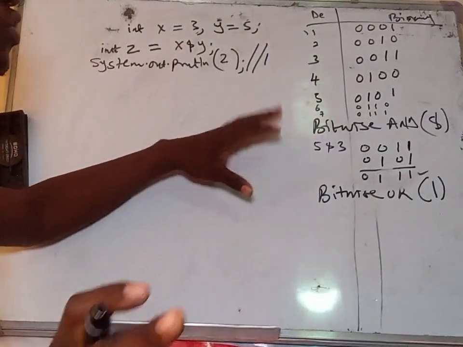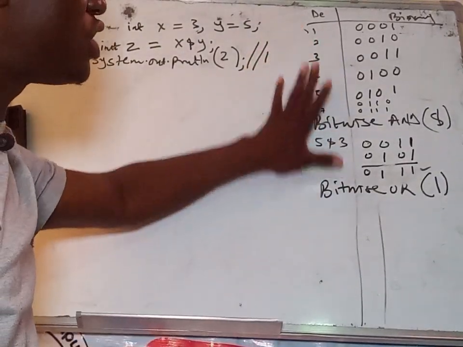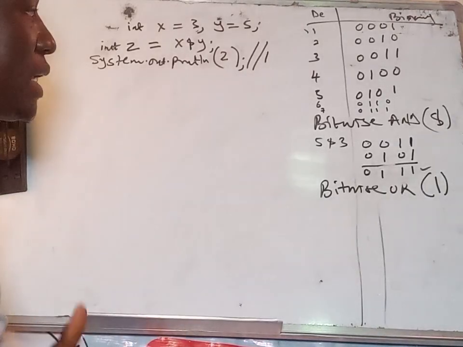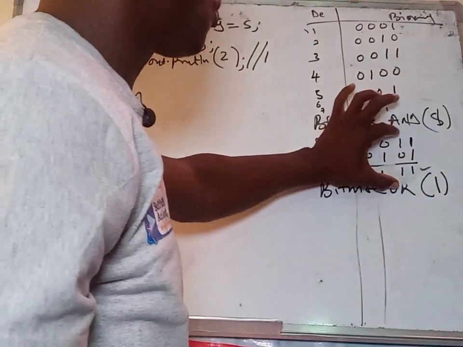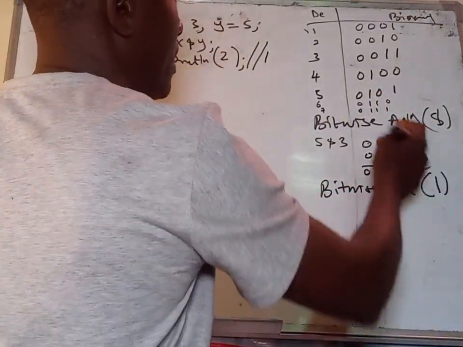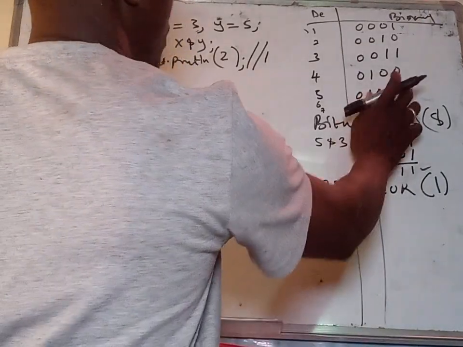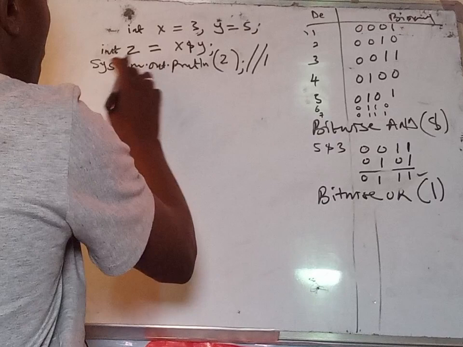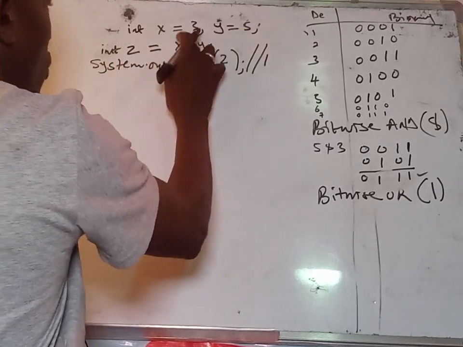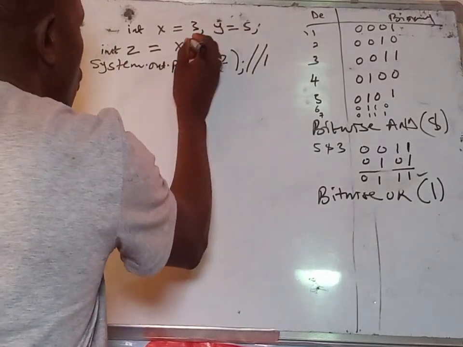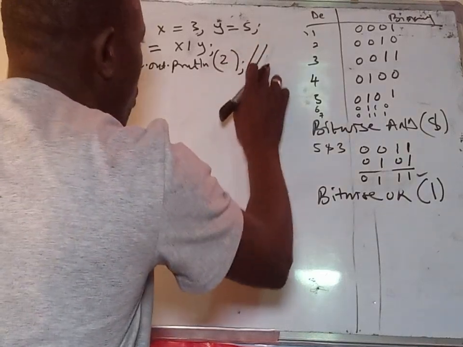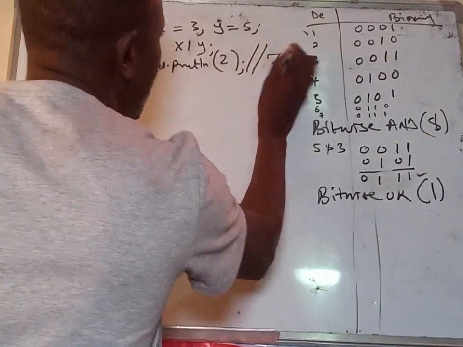Please don't get confused. Get your data sheet of the binary numbers. Once you have the binary numbers, if you perform this manipulation, whatever the result is, it will be what you have here. So here we change this to vertical bar OR and then print it, so the output is going to be 7.